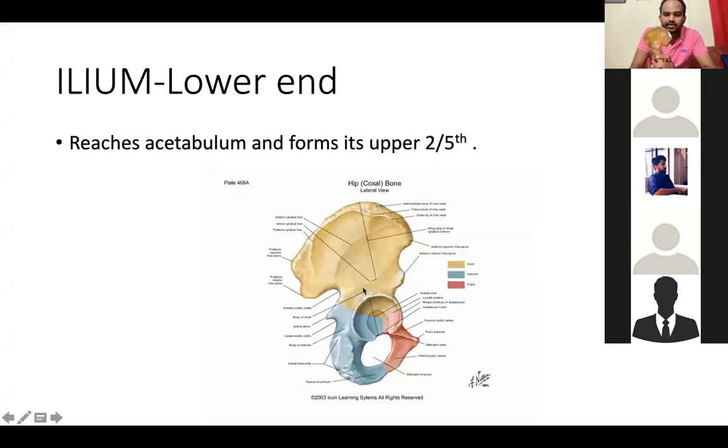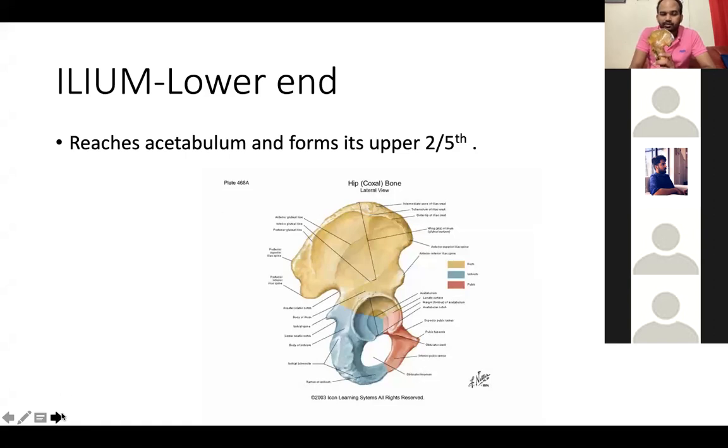So the upper 2/5 of the acetabulum is formed by the lower end of the ilium. Is it clear, everybody? That's all about the lower end of the ilium.